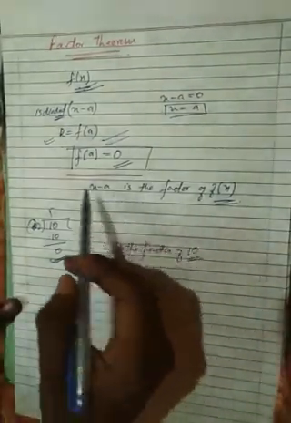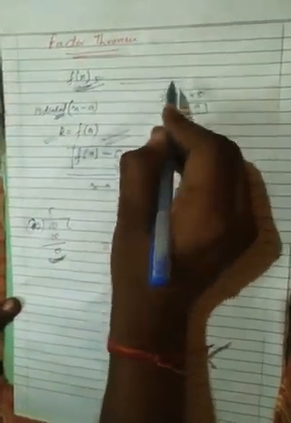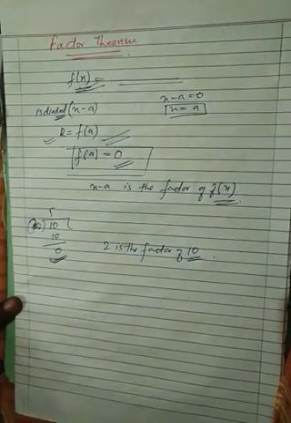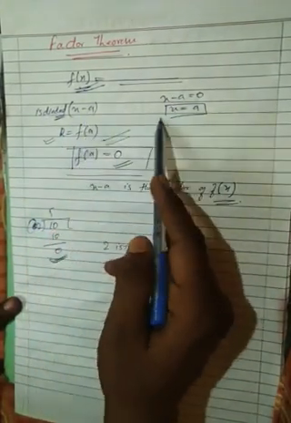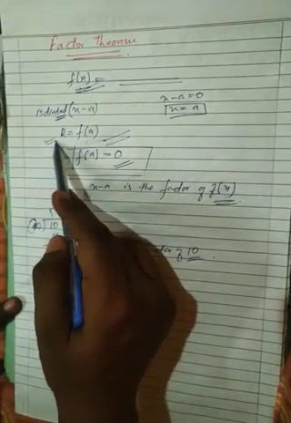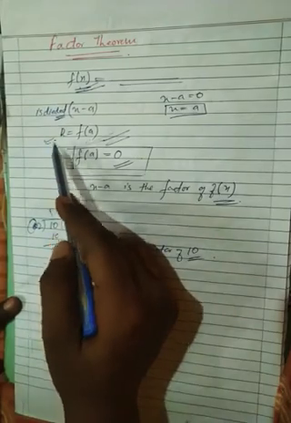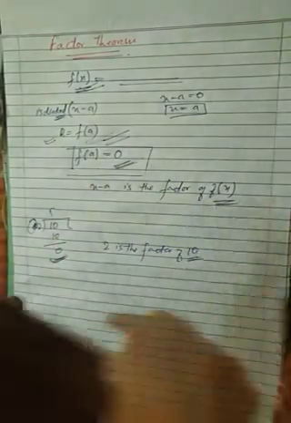Same thing you're doing in an algebraic expression. If f of x is an expression given to you, and I divide by x minus a, then if I equate x minus a equals 0, x equals a, and if I calculate f of a, that is the remainder. This is how we calculate the remainder theorem. And now if the remainder is coming as 0, it means x minus a is the factor of f of x.